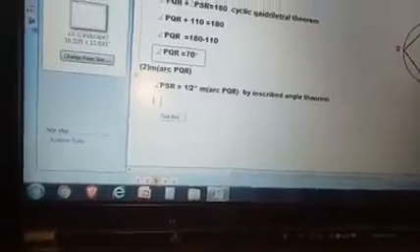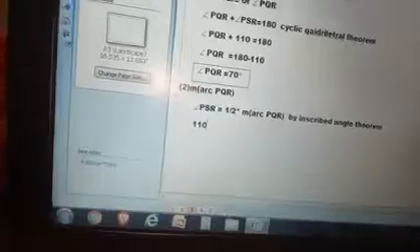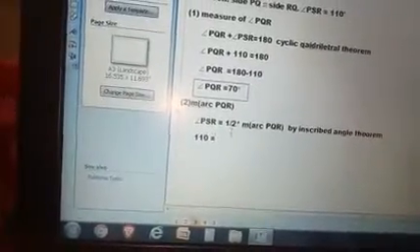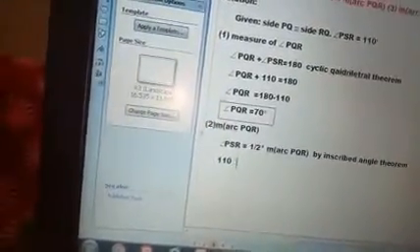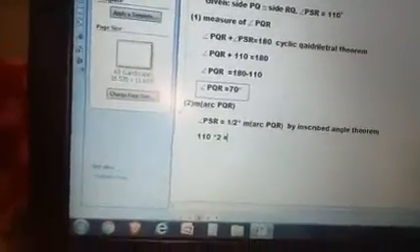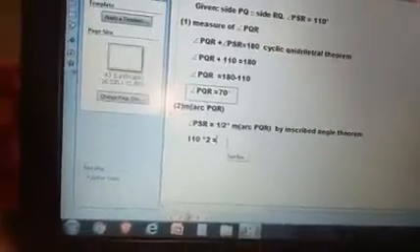How much is angle PSR value? 110 degrees is equal to this half. Means 2 is here in the denominator, goes to the other side and multiplies, means 2 becomes here a multiplier, then is equal to 1 into measure of arc PQR as it is.